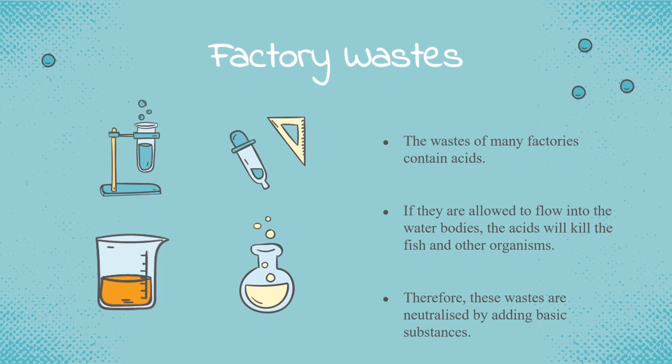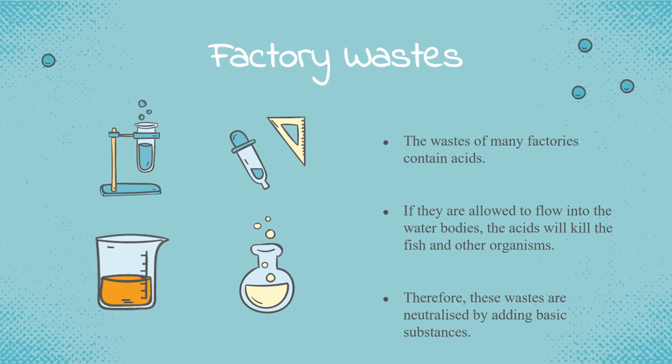Factory wastes. Now we know that factories create a lot of waste, right? They do air pollution, water pollution, and stuff like that. Now we can't do much for air pollution, although we can do a bit for water pollution. Now the reason water pollution happens is because the waste which they put into water bodies is actually very acidic in nature. And this acid will kill the fishes, the plants in the water, and basically not make it drinkable.